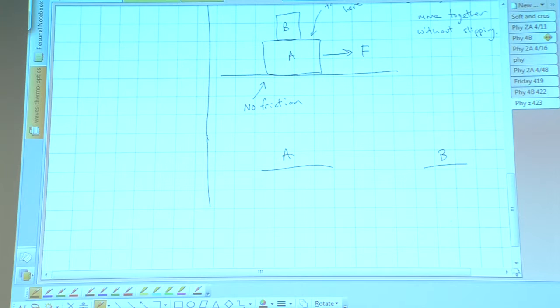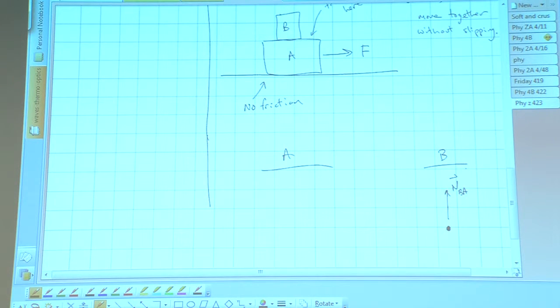Let's do B first. B is a little easier, right? What's touching block B? A. A, that's a surface. It's a surface interacting with block B. It can interact two ways, through a normal force on B from A, and through a friction force.